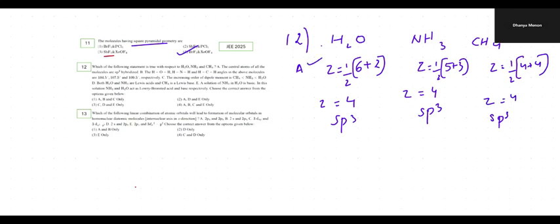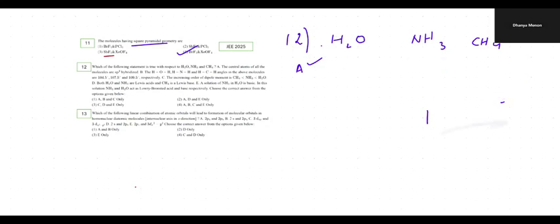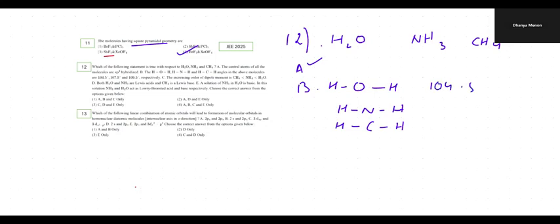Let's check the B statement. So all of them are sp3 hybridized, and that's correct. We have done this in the video also, where we found out the hybridization. Now coming to the B statement. The B statement says that the HOH, HNH, and HCH angles are in the order 104.5, 107.5, 109.28 or 5.